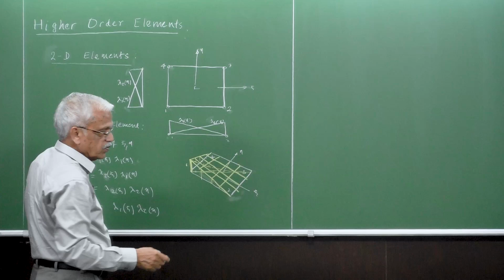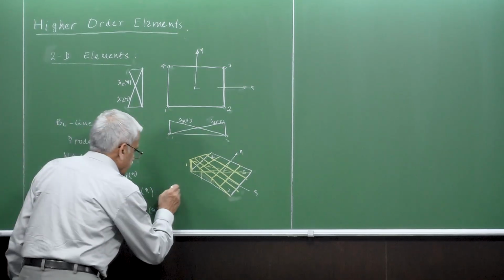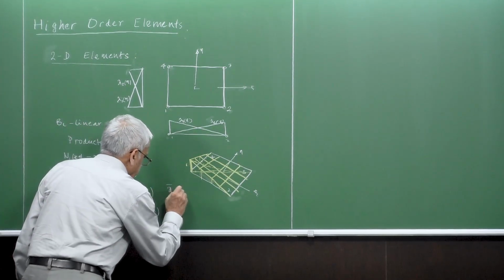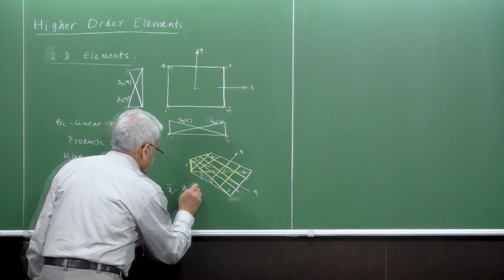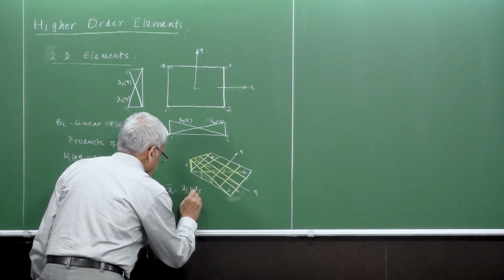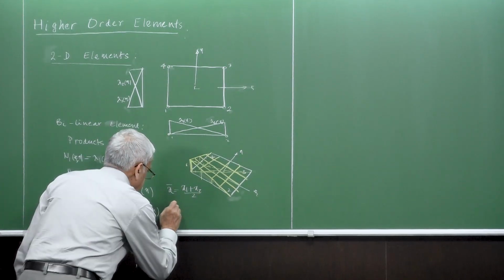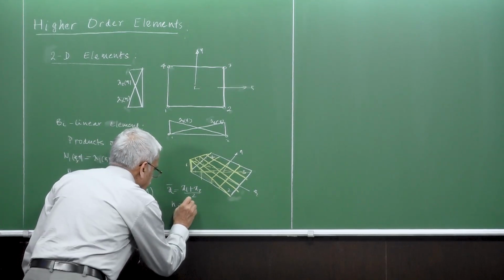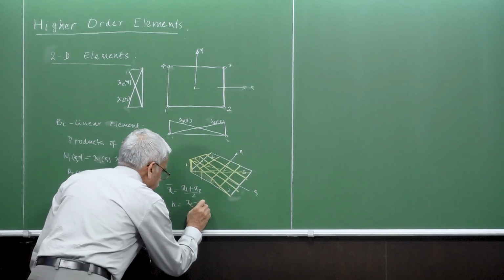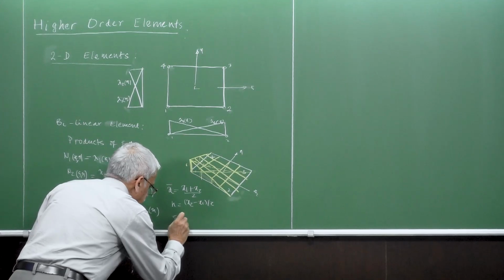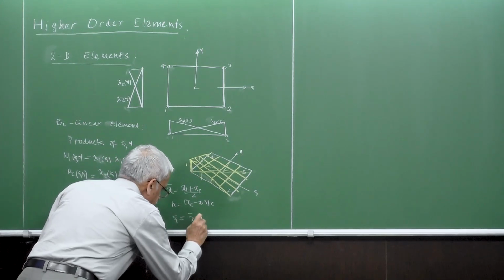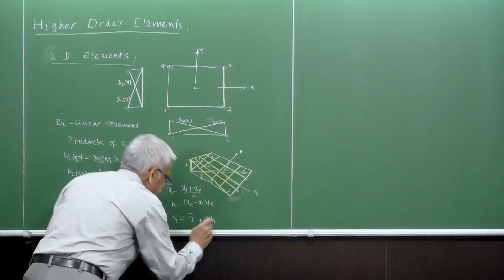You can also do it, for example, if you take x bar as x1 plus x2 by 2, and h as x2 minus x1 by 2, and x is x bar plus xi h.